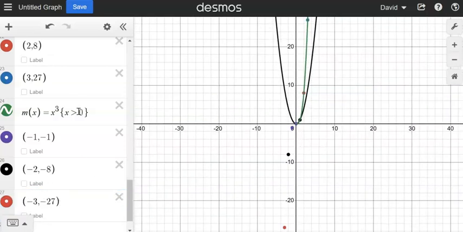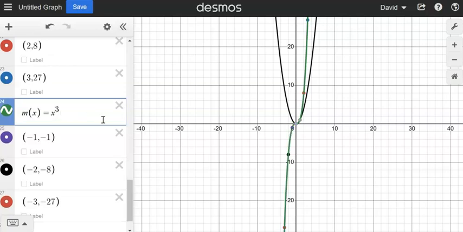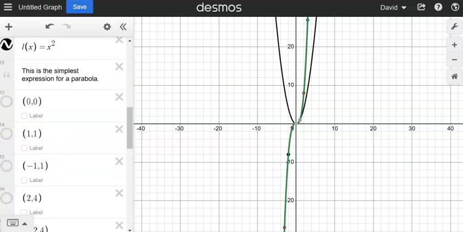Yeah. Okay, and so let me just kill this restriction here. Aha. So now it's quite different. The y equals x squared graph, that parabola, is symmetric across the y-axis, a reflection symmetry. And the cube graph, let me take away the x squared graph. The cube graph has a different kind of symmetry.